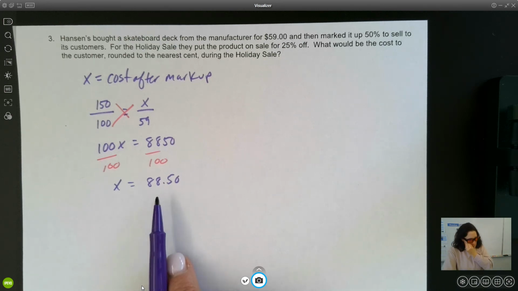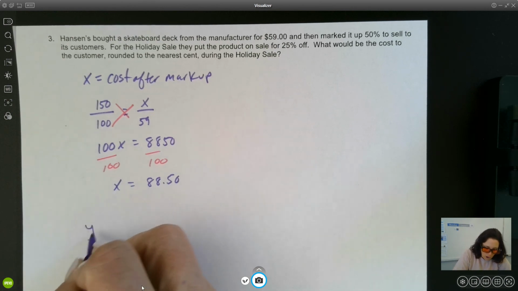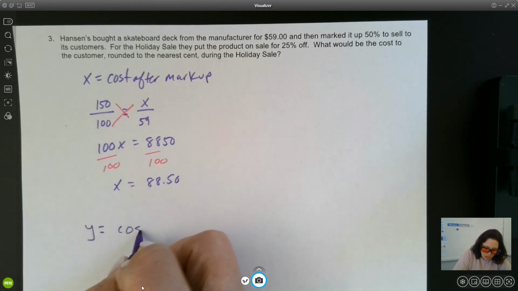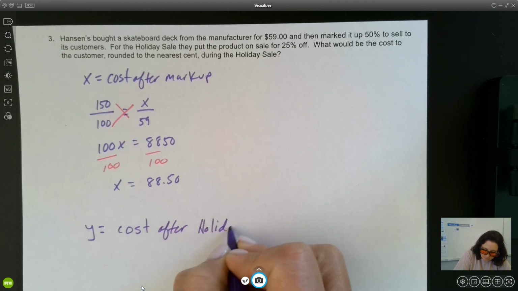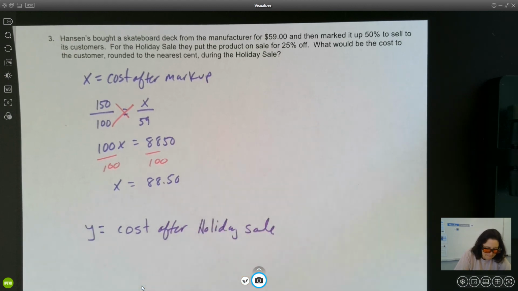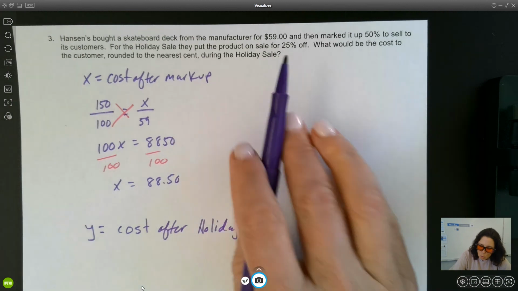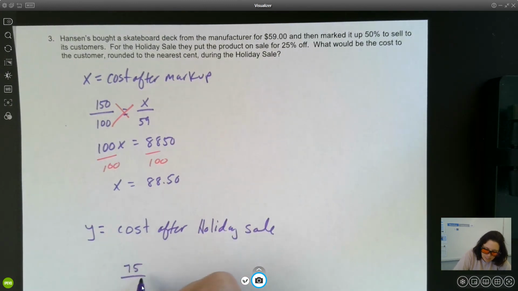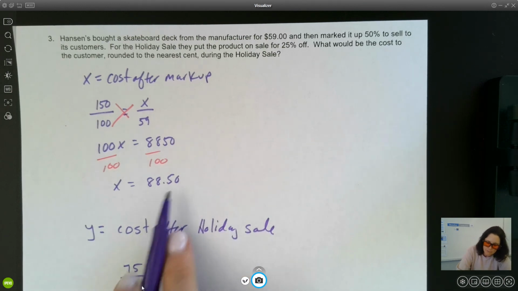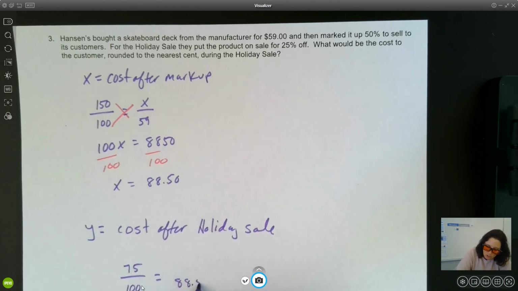Okay, now let Y be the cost after the holiday sale. All right, so it's 25% off. So we're going to subtract that from 100. So 75 over 100 equals, now the 88.50 is the original price. And now we're looking for what 75% of it is.